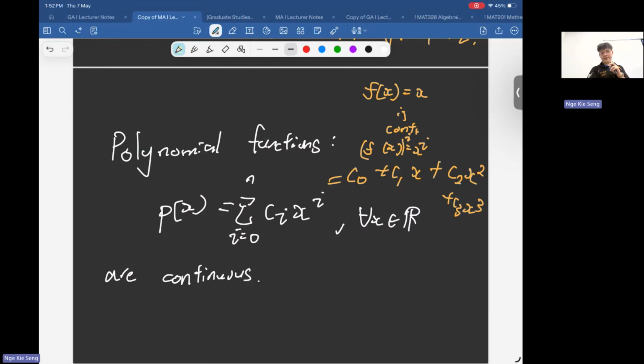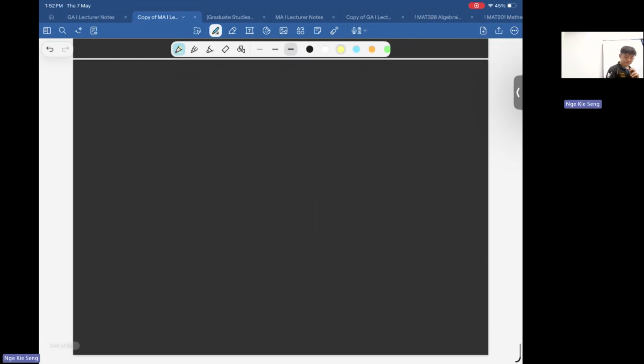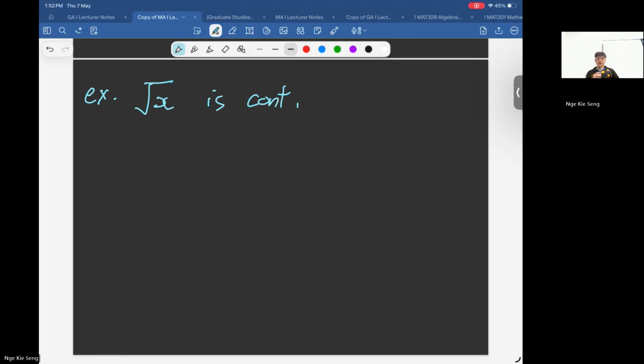Yeah, I think maybe before we finish, one more thing is square root. You can try and show that as an exercise: square root function is continuous. Hey, do you know square root function is defined where?